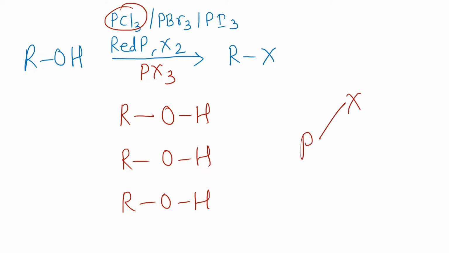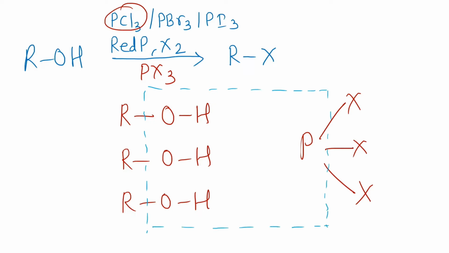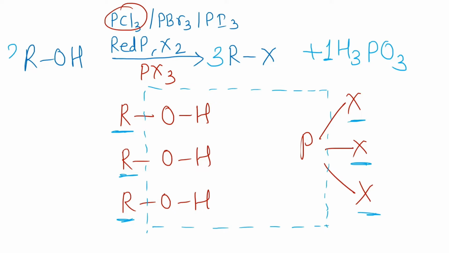I can write PX3 in this way. From here, this part leaves as the byproduct. What is this part? This is H3PO3. So in this way you can remember. And what I'm getting here, see, RX. I'm getting RX, RX, and one molecule of this byproduct, 3 RX from 3 moles of alcohol. So this is how you can remember this. I hope this is clear.